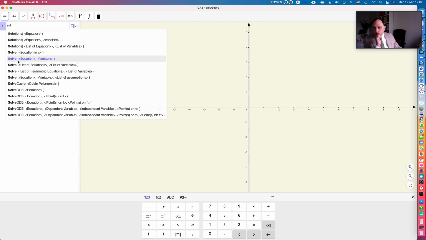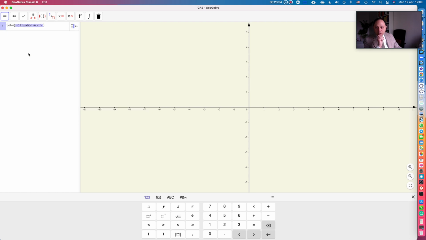You see, you go Solve, but there is a standard here. If you use this one, that's also okay, but you need to type your equation, and you need to emphasize that my variable is x. But because usually variables are x in solving equations, there is also a separate command here. So I would prefer to use this one, then I don't need to type the rest of it, okay? So I would say solve this one.